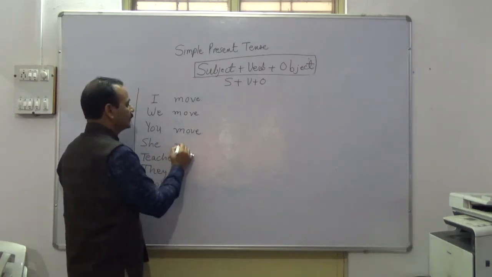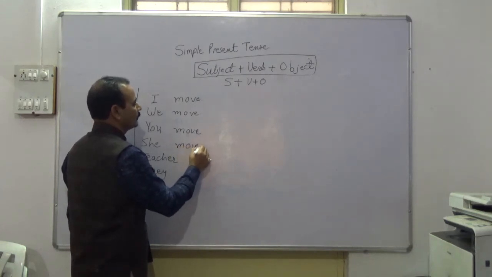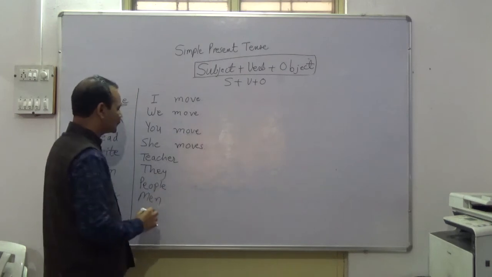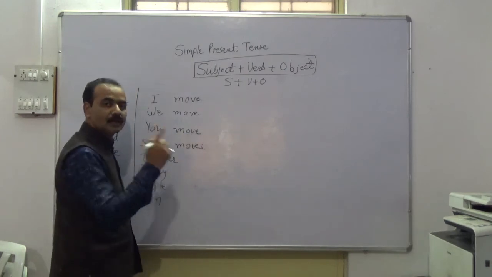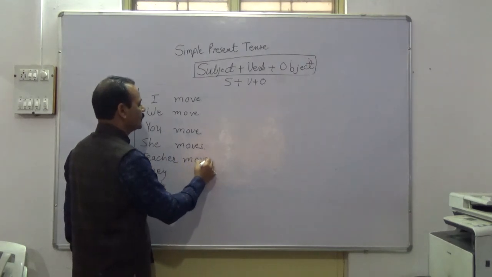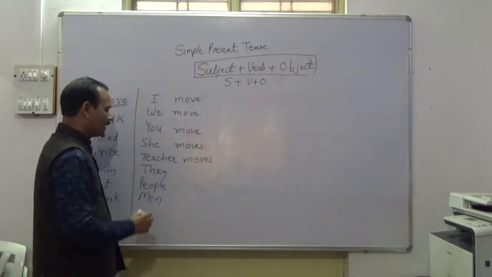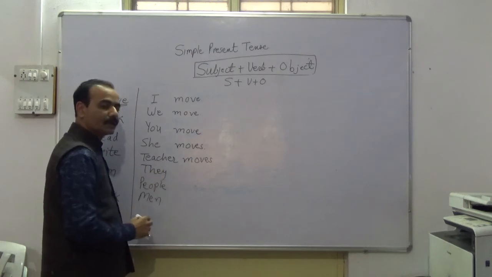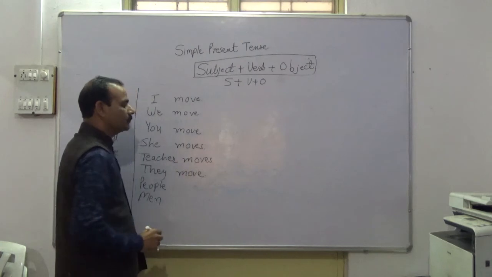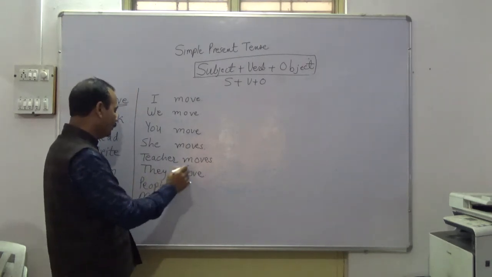That's why it will take S or ES with it. She moves. Teacher again is a third person singular subject and we shall write teacher moves. Then it is they. Again, it is the first or the basic form of the verb, they move.